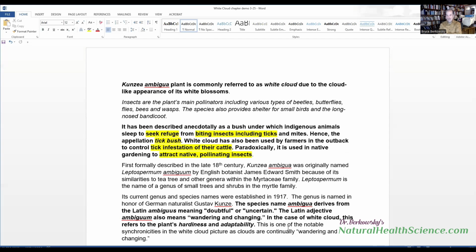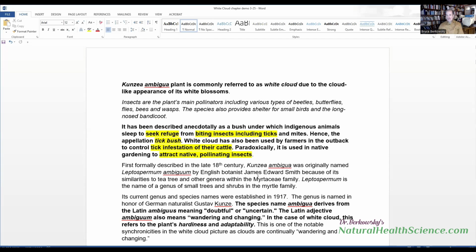It tells you nothing about the plant, especially since this particular naturalist really had nothing to do with the identification of the properties of this plant at all. So I go with the common name, white cloud. I don't use Kunzea because it means nothing. It tells you nothing. And it's just some type of vanity thing to take the name of a person and attach it to a plant or an animal.